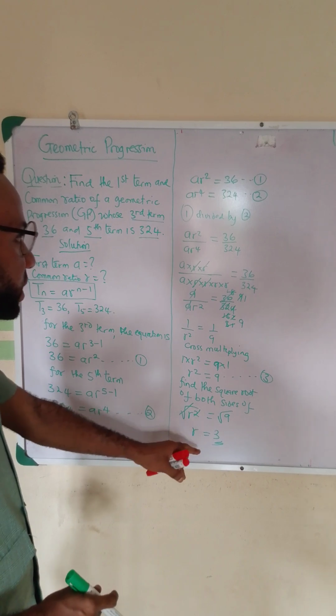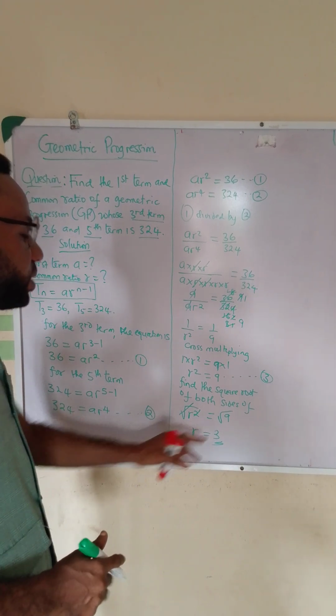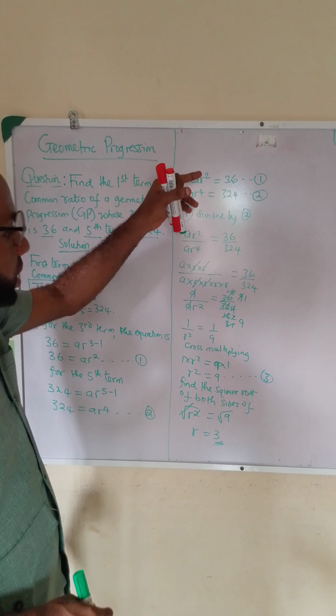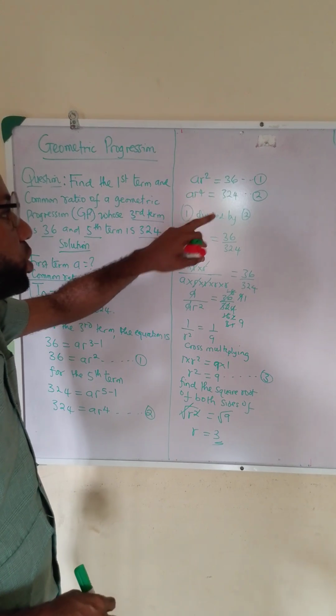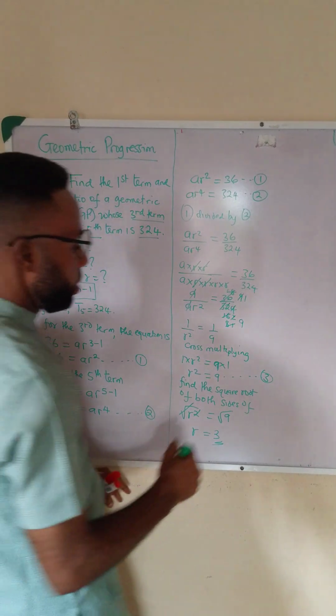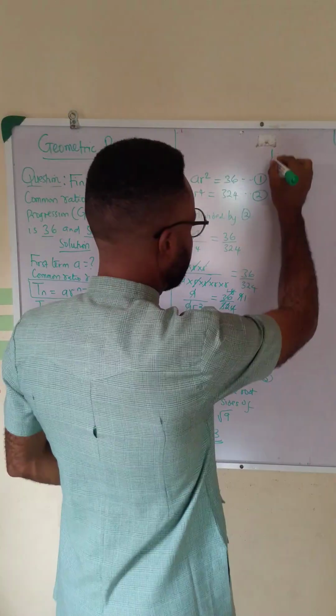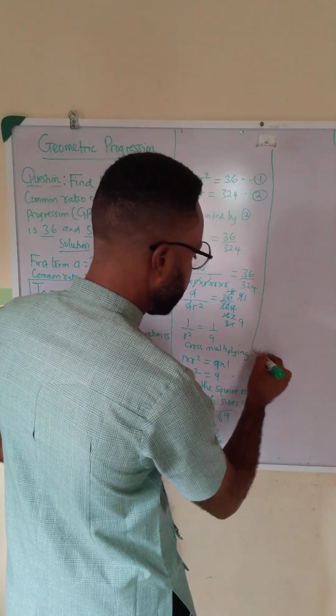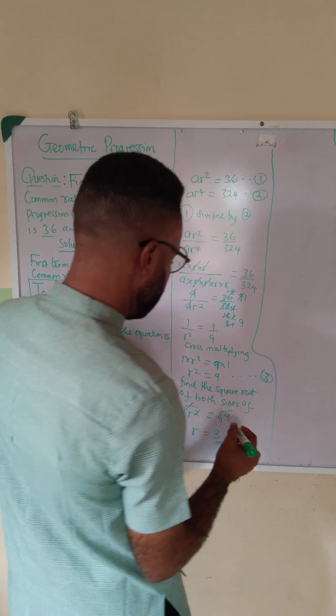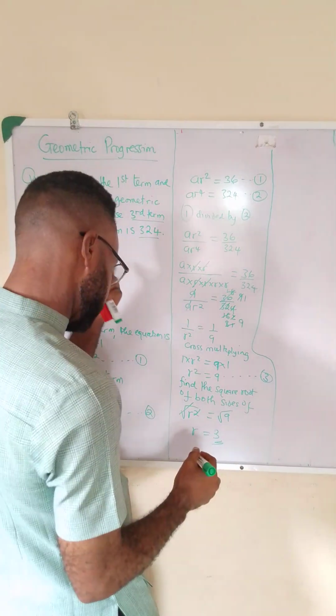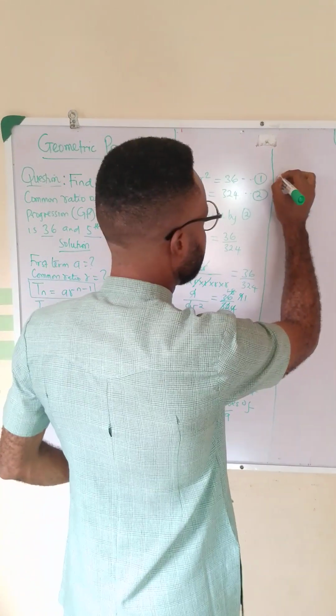Since we've gotten that, we can now substitute the value of our common ratio into either equation 1 or 2 to find our first term. Let's use equation 1.